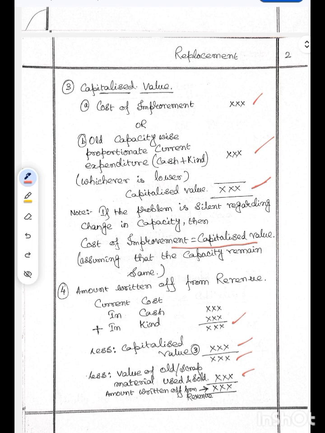Suppose in an old plant, after demolishing it, we get some material, some iron or steel rods, etc., which may be used for current reconstruction or may be sold. These two are also deducted, and from this we come to the amount written off from revenue. These are the four calculations we have to consider.